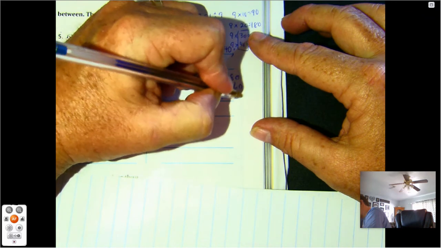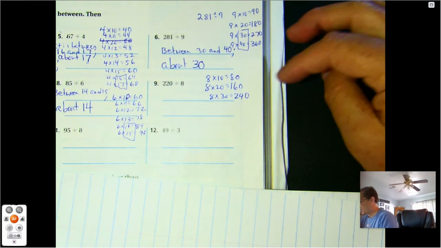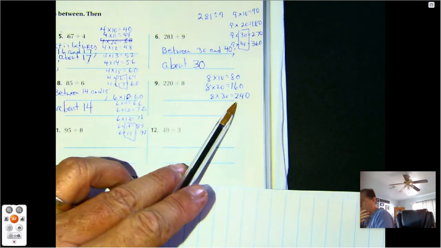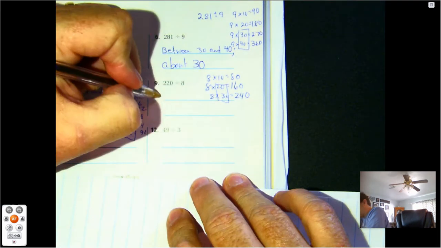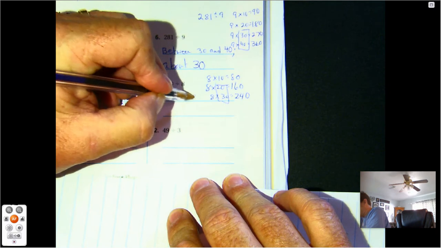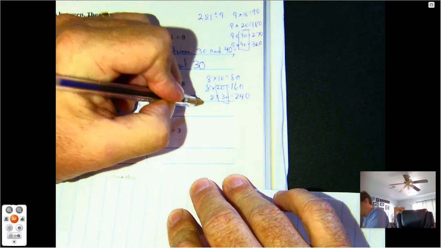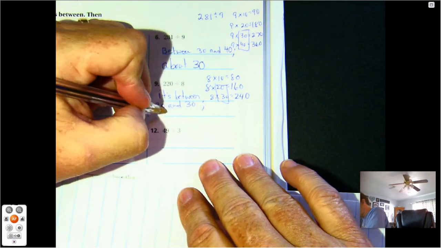Okay, I went over by counting by that. So which one is it closest to? 220 is closer to 240, right? So I know it's between 20 and 30, and it's closer to 30. So I'm going to say about 30.